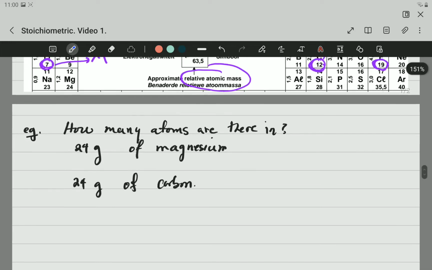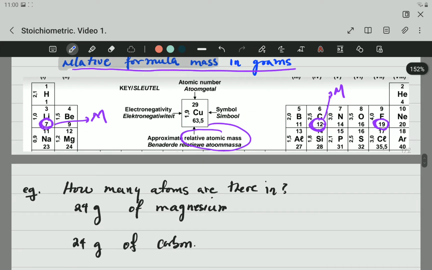So all we have to do is come to the periodic table. Magnesium is here. Now, 24 of magnesium represents 1 mole. I hope you understand this one. So 24 grams of magnesium is the mass of 1 mole.